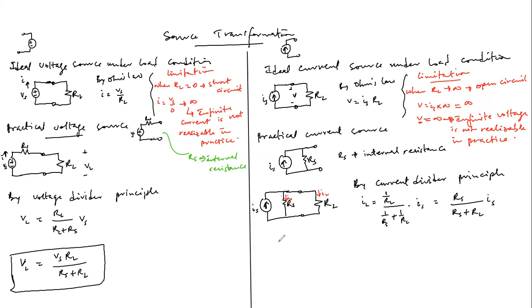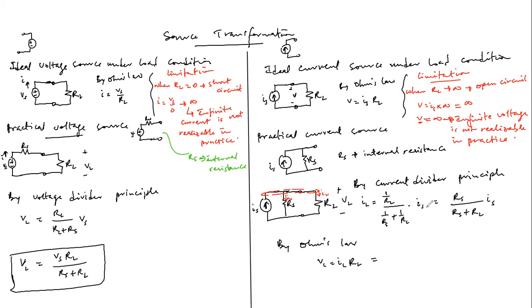Okay, and now by Ohm's law, to investigate the voltage across the load, knowing that this is a node, we know the same voltage is applied across RS and RL. So we know that VL is the same as the current flowing through the resistor IL times the resistance value.